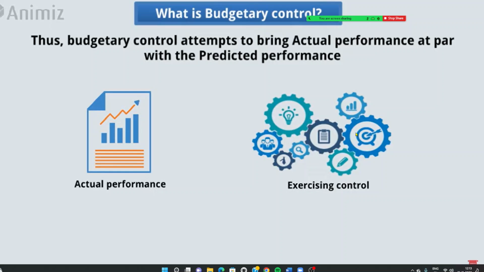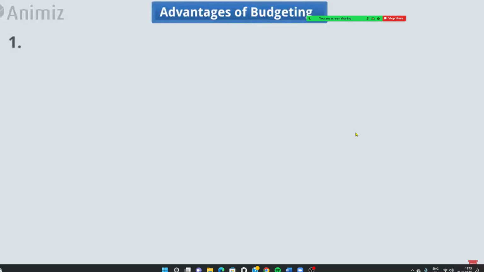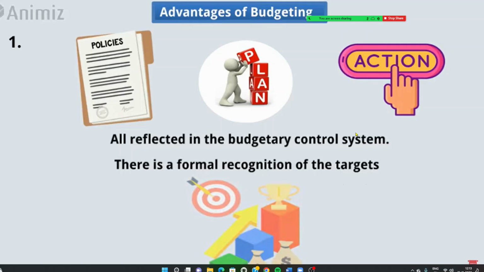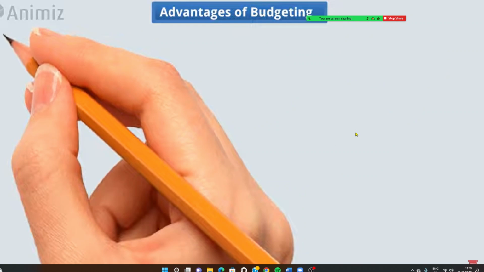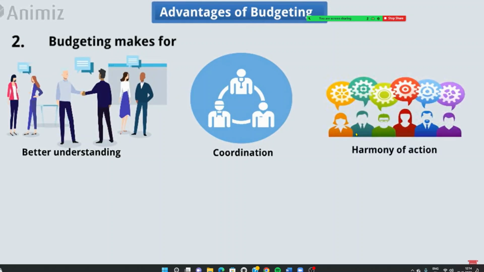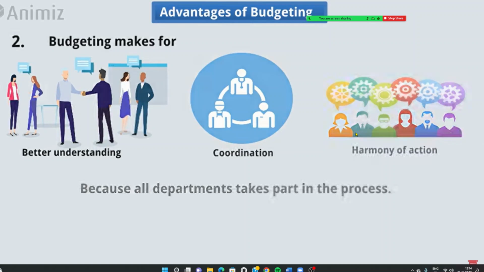Advantages of budgeting. 1. Policy, plans, and actions are all reflected in the budgetary control system. There is a formal recognition of the targets, which the business hopes to achieve. 2. Budgeting makes for better understanding, coordination, and harmony of action in a business enterprise, because all departments take part in the process. 3.